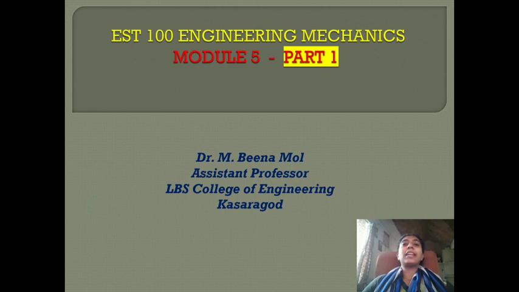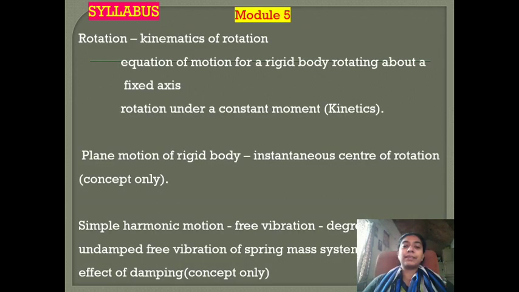So we have completed our fourth module and we are studying our fifth module now. So coming to our syllabus, as I have told you in the first class, the fourth module and fifth module are about dynamics. We are classifying the dynamics into two parts, that is kinematics and kinetics.